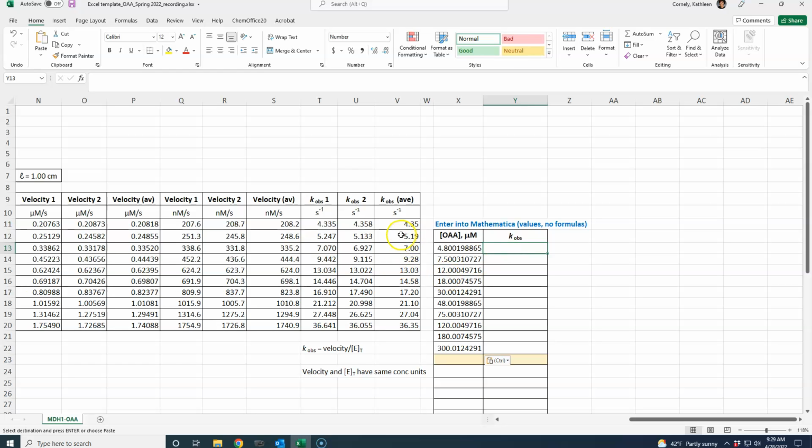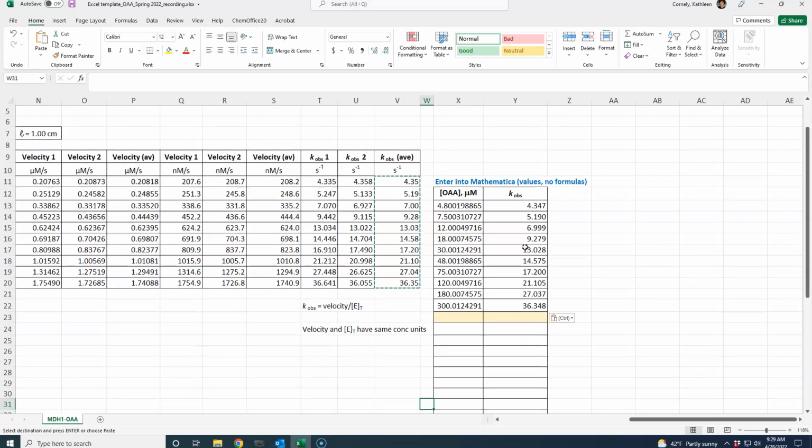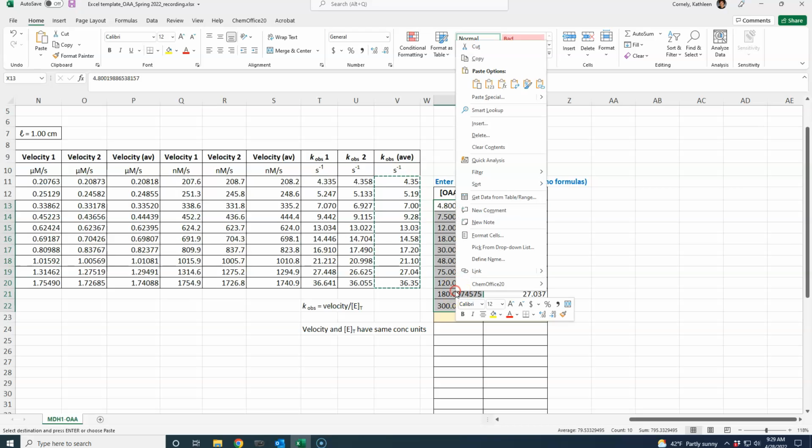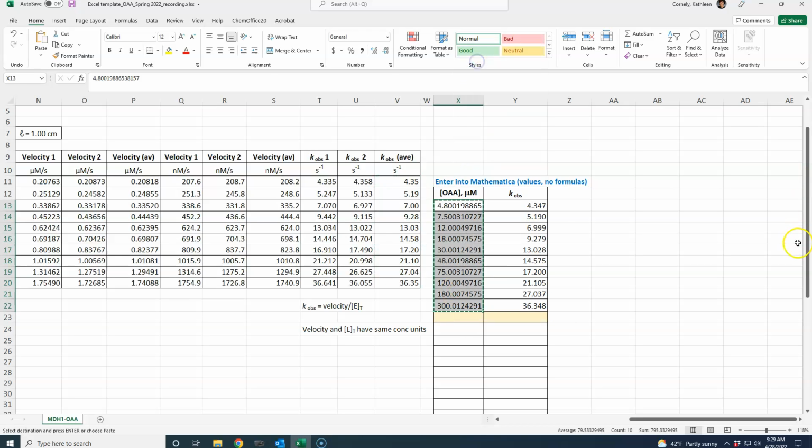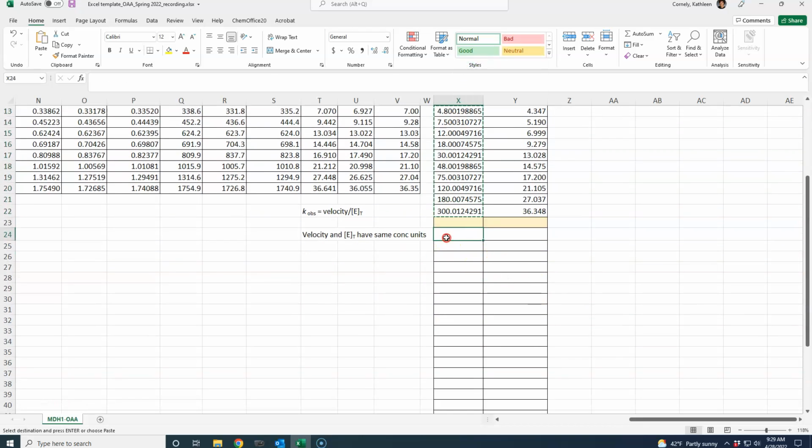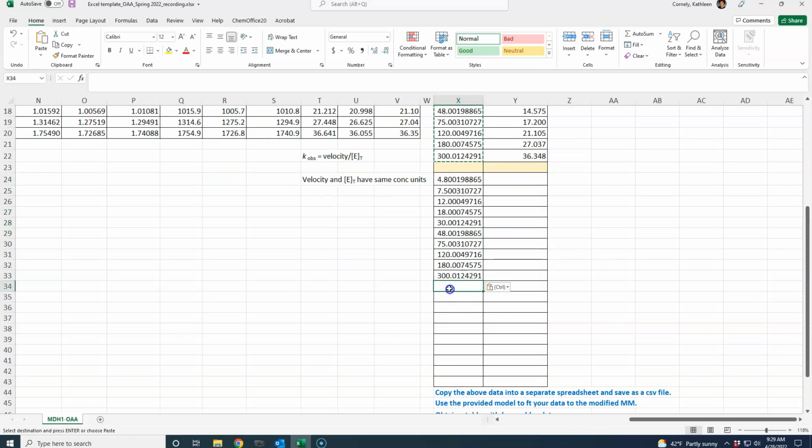And the same for the K observed. I'm going to want to take the averages of the K observed again and copy those. And then paste, but I'm just going to paste the numbers and not the formulas. Then there's a little bit of a break right here. The next thing we want to do is copy these again because I want to do trial 1 and trial 2. So I'm going to copy these values and then just paste the numbers. And then I'm going to do this again and just paste the numbers.